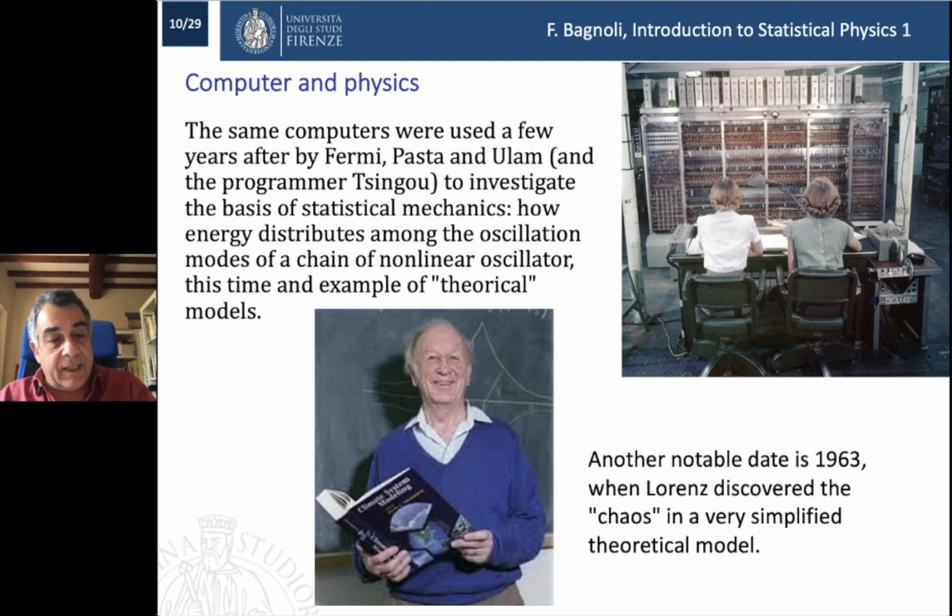But if it takes, say, the age of the universe, clearly you are not in equilibrium, you cannot use some of the tools of statistical mechanics. And so, since you need a nonlinear system, you had to use computers, because by hand they were not able to integrate the equation of motion for long enough.